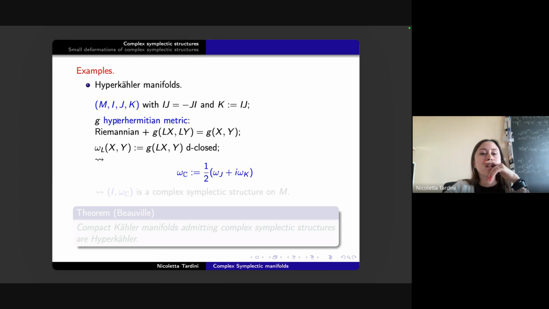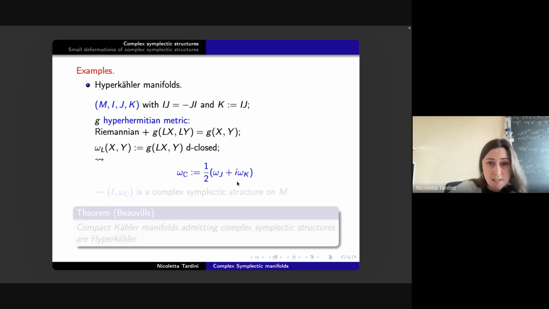Hyperkähler manifolds are not very many, in fact, but they are for sure complex symplectic. Take omega_C as omega_J plus i omega_K, using this definition; the 1/2 is not important. Omega_J is the Kähler form for the complex structure J, and omega_K is the Kähler form for the complex structure K, and you take this sum.